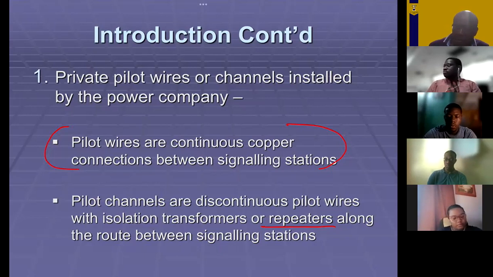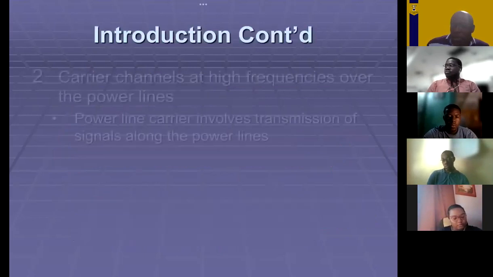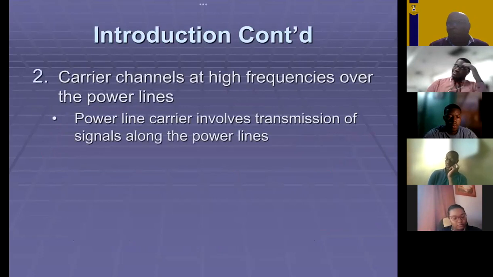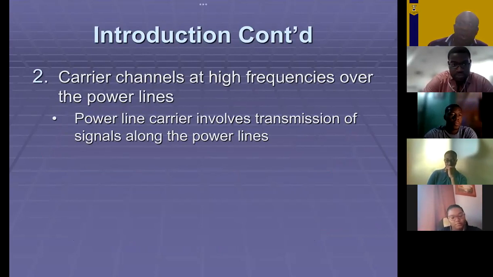All right. The other options that one would have would be your carrier channels. And these are carrier channels which are superimposed on your power lines. Right? So these would be your power line carriers. Good.